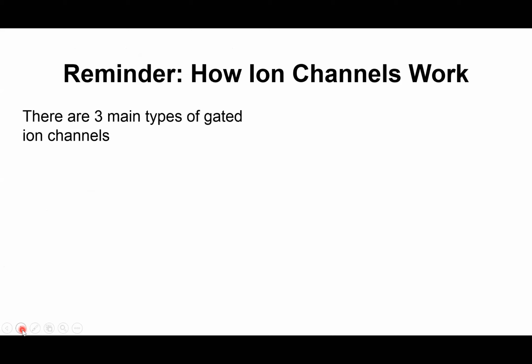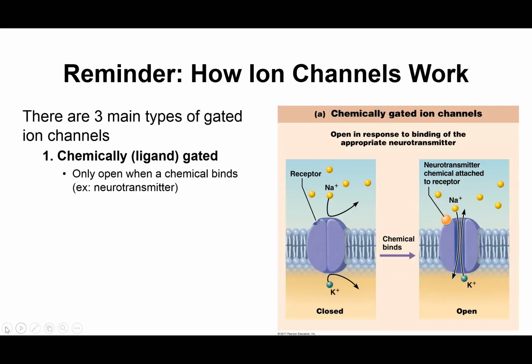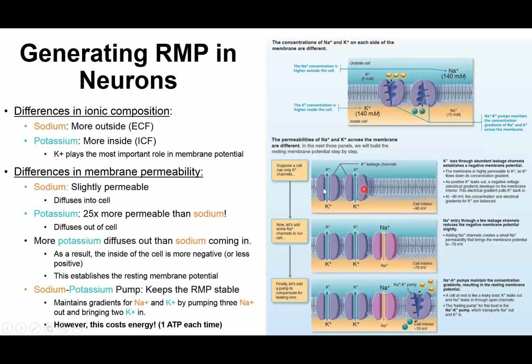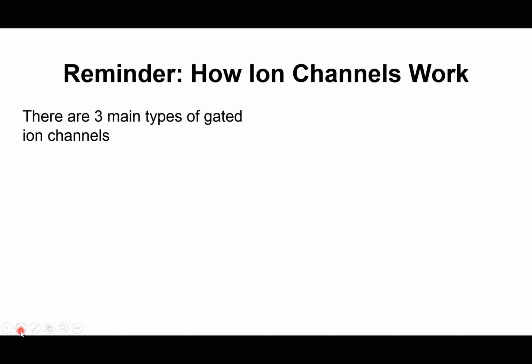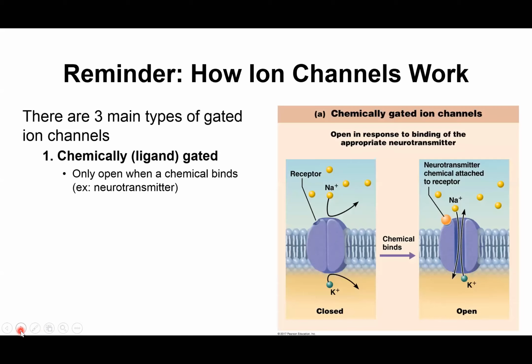The channels that I discussed on the last slide, go back one here, these are not gated. These are just leakage channels, just diffusion channels. There's no gates blocking potassium or sodium from entering or leaving.